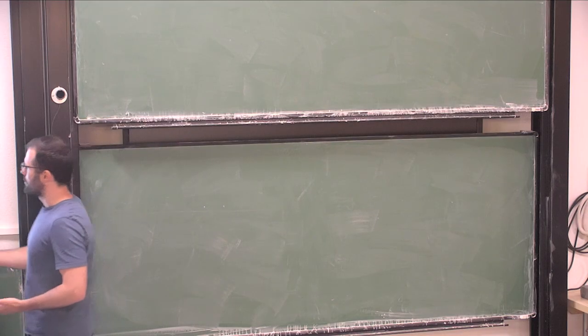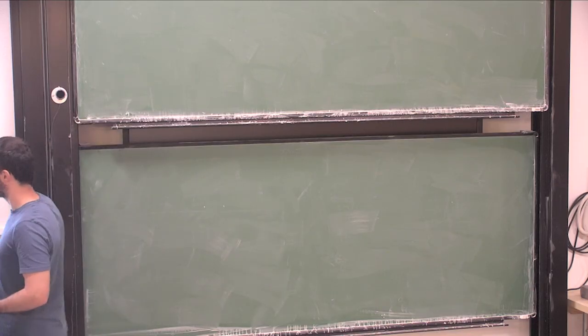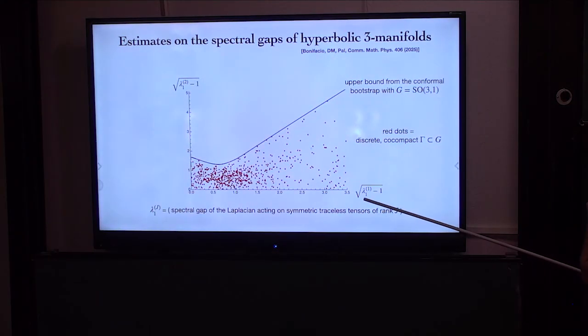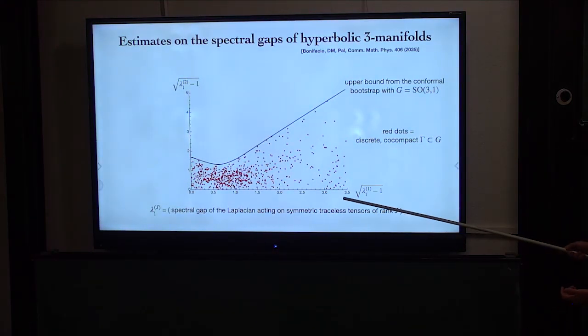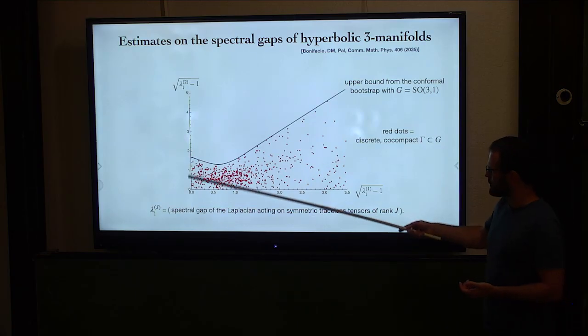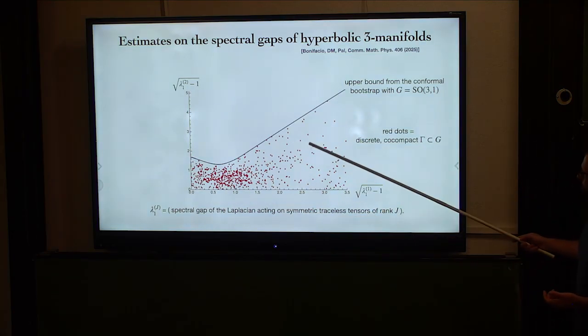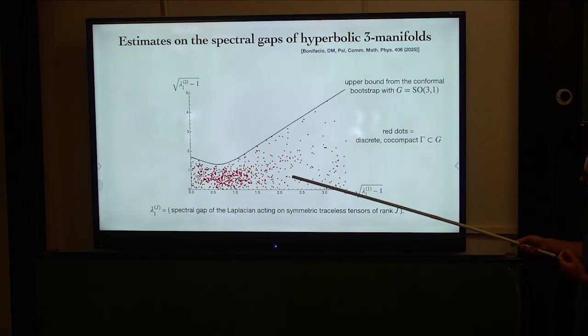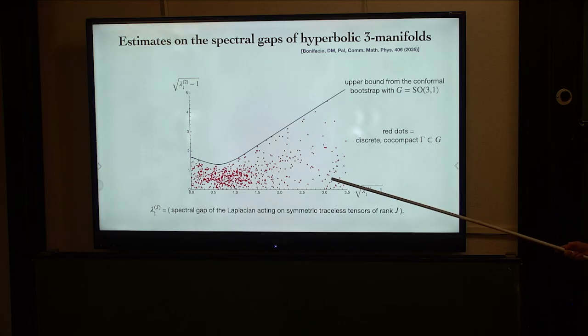Here's just an example result where on the 2 axes you have the spectral gap. On the horizontal axis is the spectral gap on vector fields, and on the vertical axis the spectral gap on tensors of rank 2. The dots are actual spectral gaps computed using the Selberg trace formula for particular examples of hyperbolic 3-manifolds.